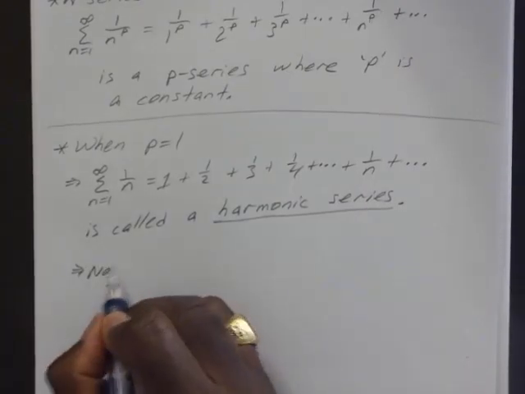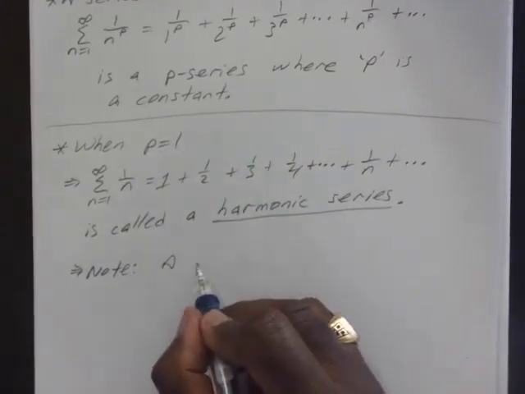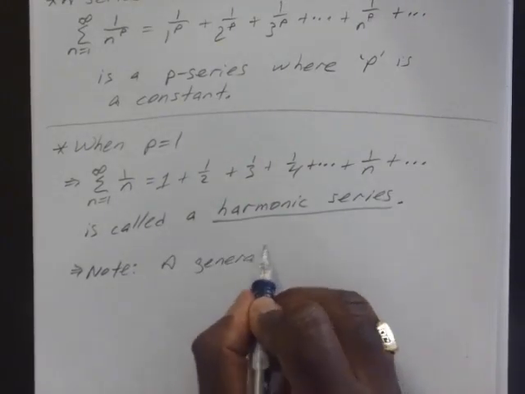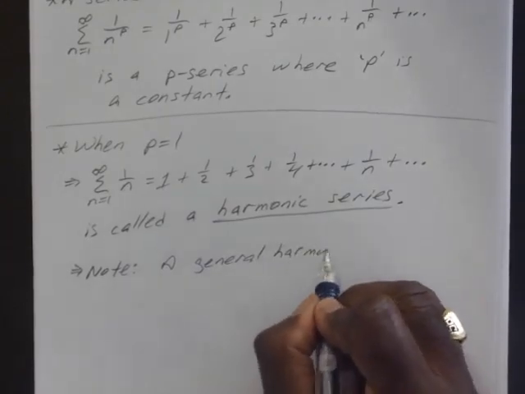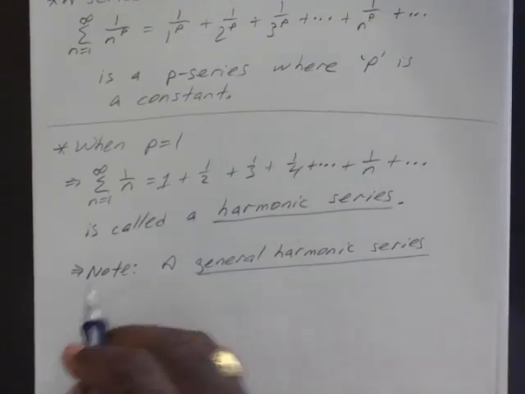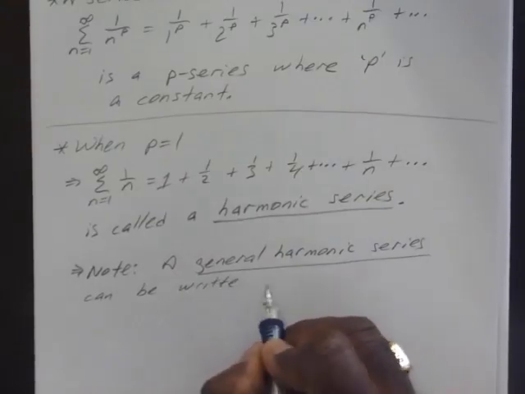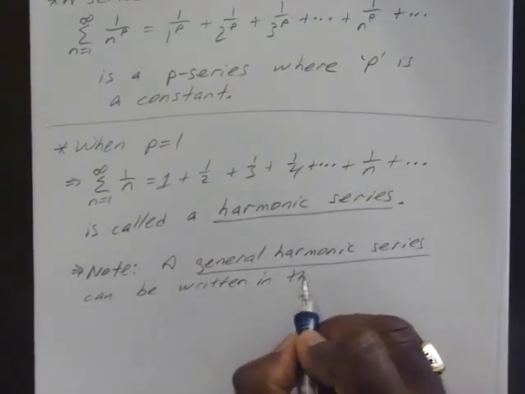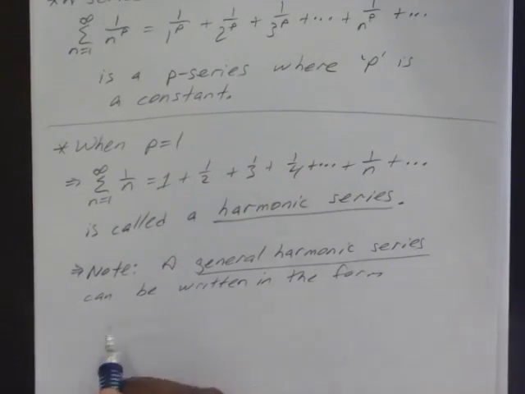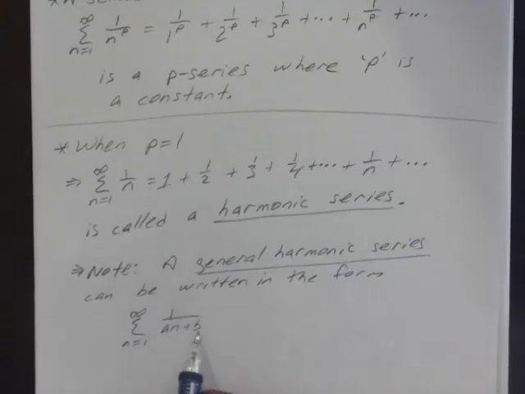Okay, so again, this is just a little side note. A general harmonic series can be written in the form: the sum from n equals 1 to infinity of 1 over a times n plus b, where a and b are constants.